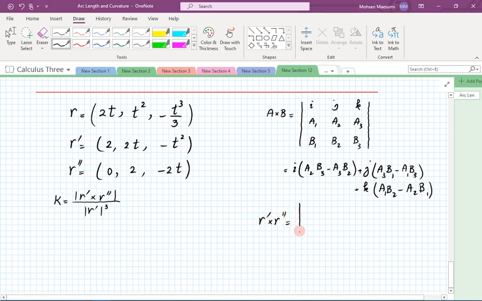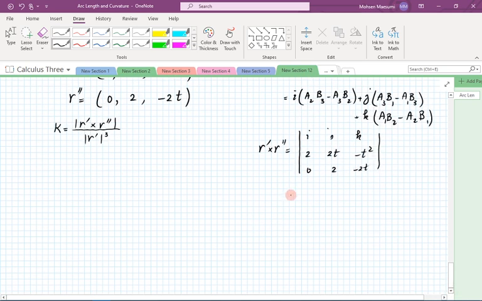So I'll have i, j, k again. R prime: 2, 2t, minus t squared. R double prime: 0, 2, minus 2t. And you carry this out, so it becomes i, this one times this one. What's that? This times that is minus 4t squared, and minus this times that is plus 2t squared.